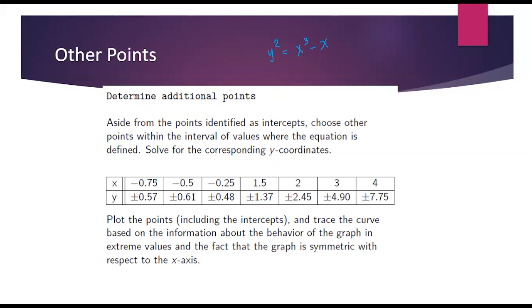So y squared is equal to x cubed minus x. When x is equal to negative 0.75, I have y squared equal to negative 0.75 cubed minus negative 0.75. So y squared is equal to negative 0.421875 plus 0.75. We're just verifying.